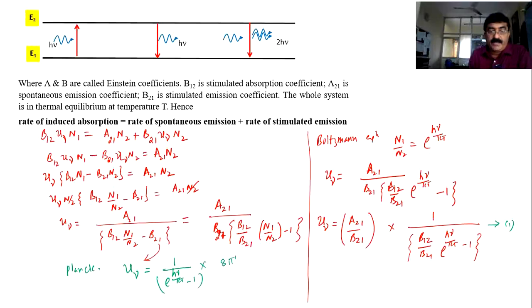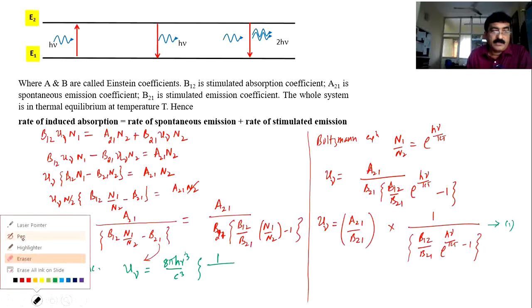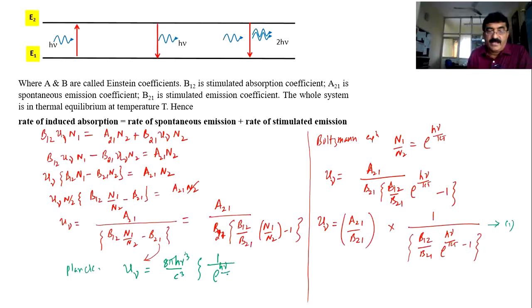This is Planck's formula. Call this equation 2.